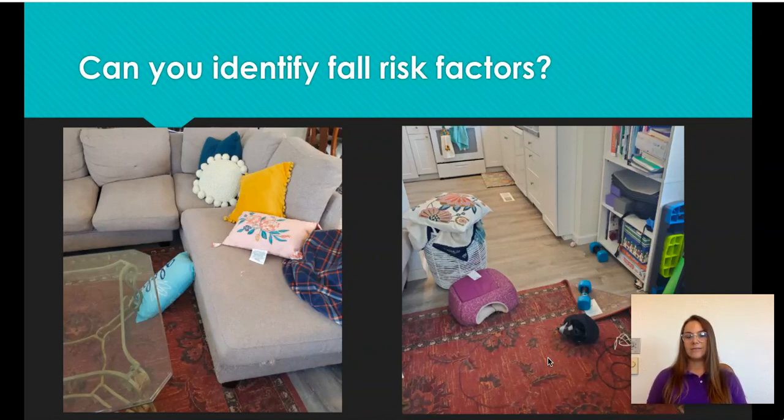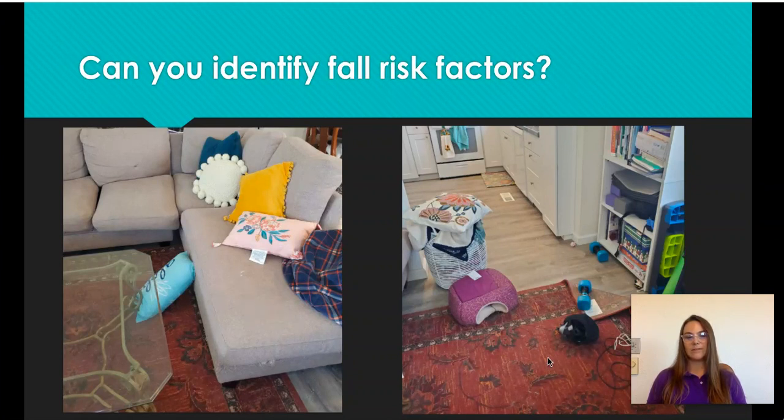And for the second picture, if you identified the basket is in the walkway, the different objects on the floor could be organized better, and the rug is turned up, you are also correct. And if you see in the very corner, there are electrical wires, and those are also in the way. So some of these things may seem obvious, but some not so much.